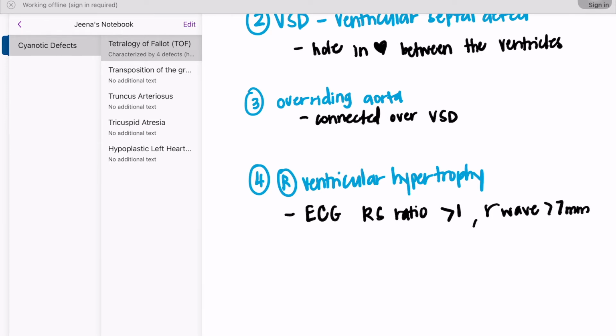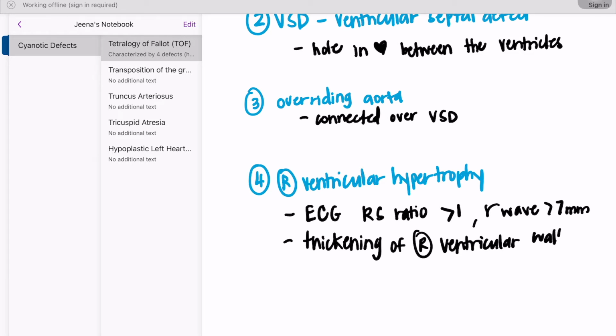So greater than 7 millimeters, and it's the thickening of right ventricular walls due to chronic pressure overload.